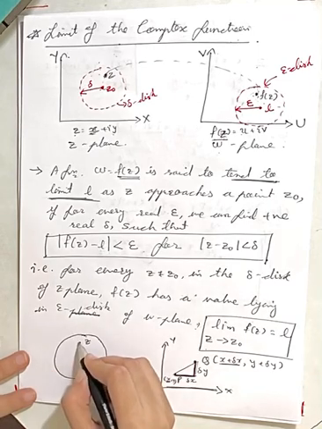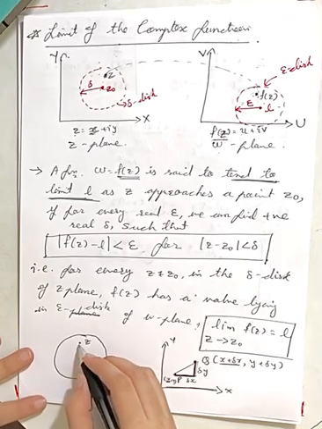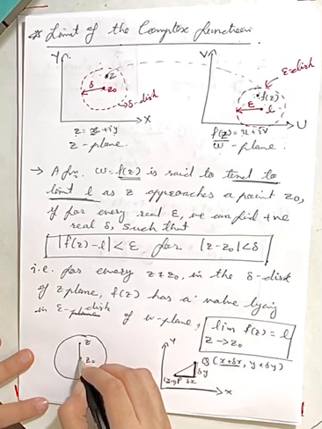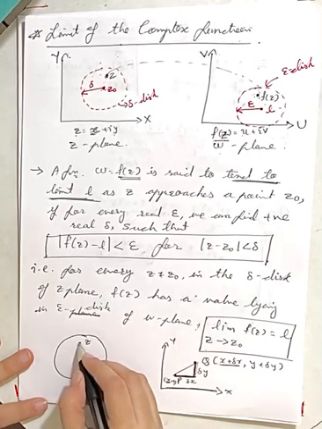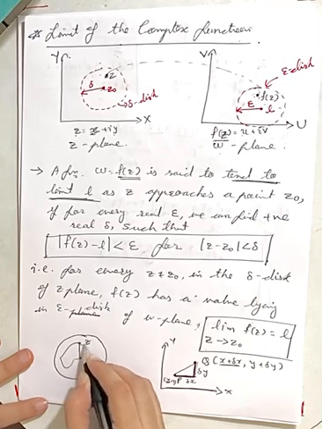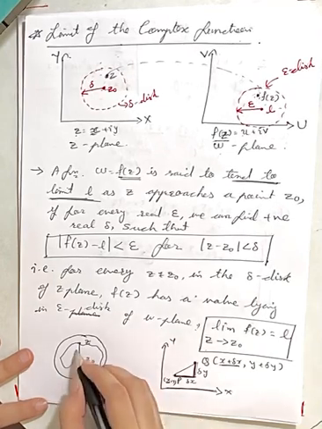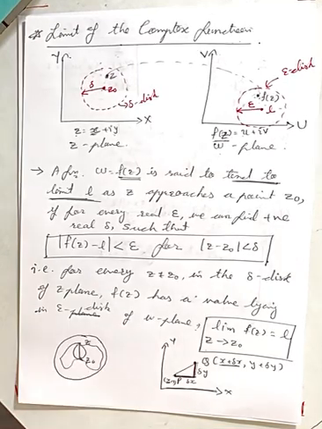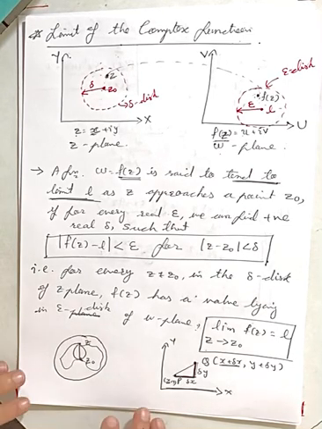If you want to move from z to z0, you are never restricted to move along one path only. You can reach z0 from any path you wish, and still you will end up with the same result. So z approaches z0 from any direction in the z plane.